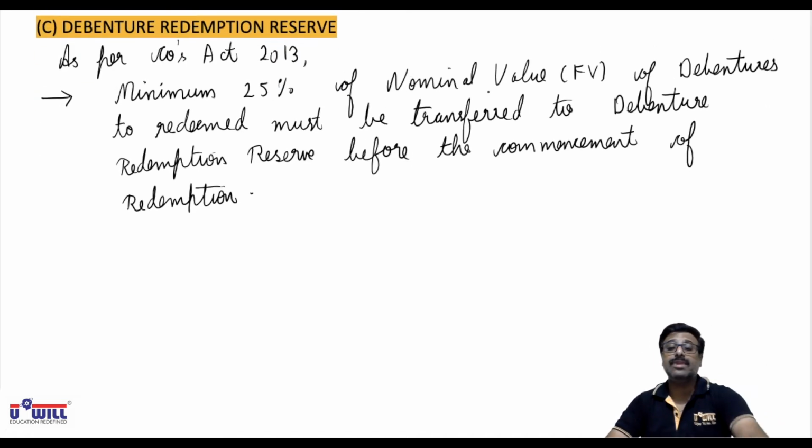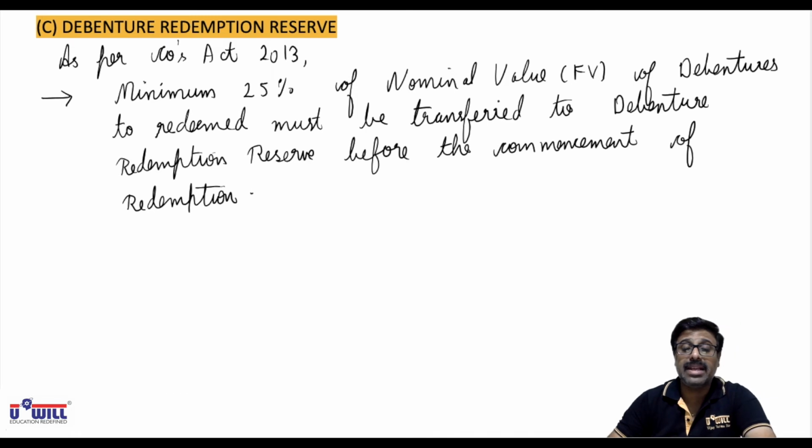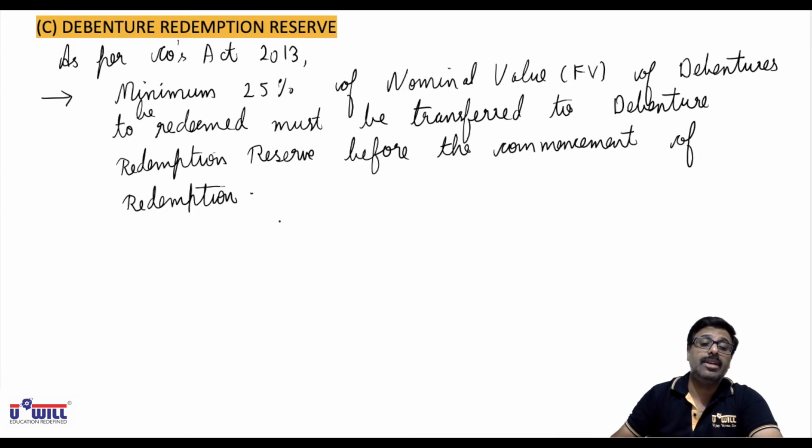They don't have to transfer this minimum 25%. There the percentage is nil. But generally, other manufacturing and all the other joint stock companies, minimum 25% of nominal value of debentures to be redeemed must be transferred to the debenture redemption reserve account before the commencement of redemption.